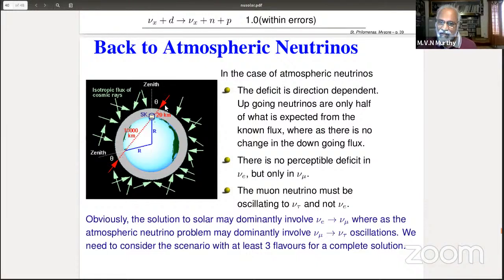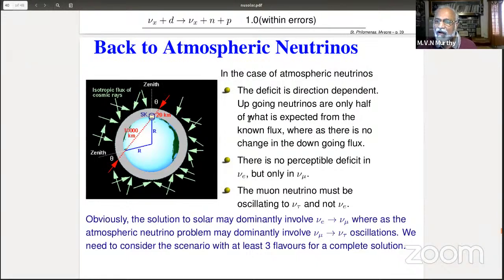So not only are the distances different, there will be different matter effects for atmospheric neutrinos from above and below. So the deficit, as we have seen earlier, is direction dependent. I'll go back to the data in a moment.